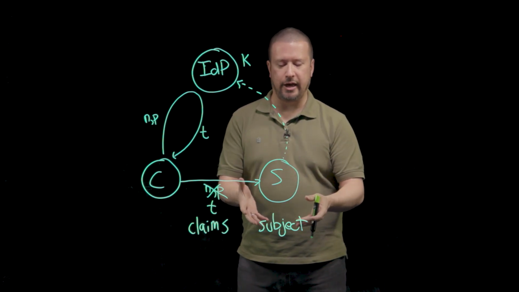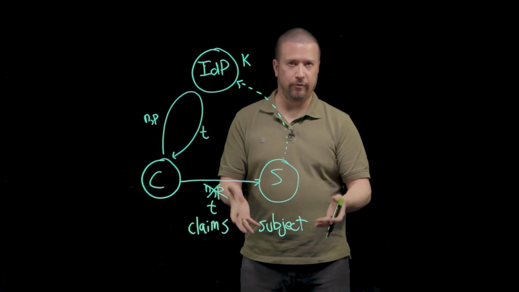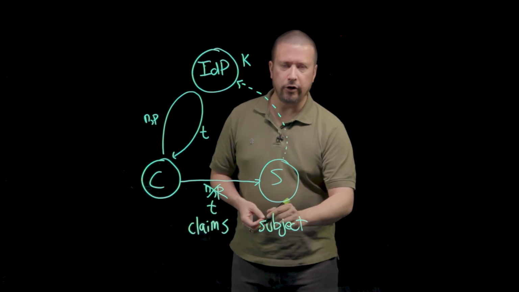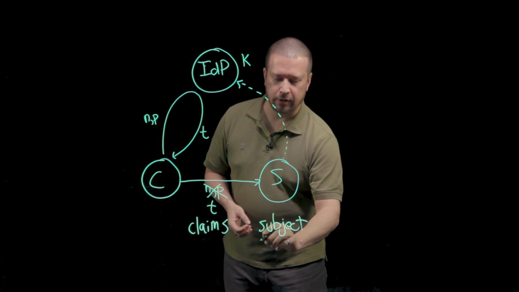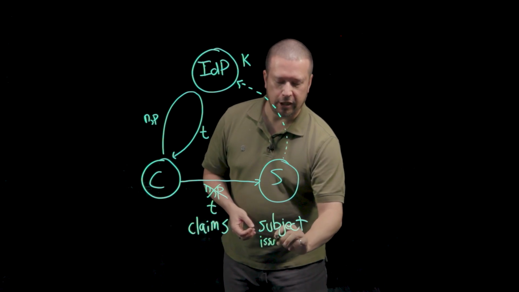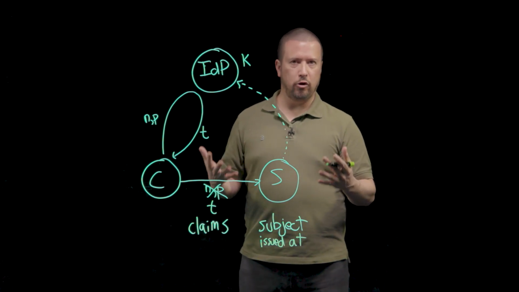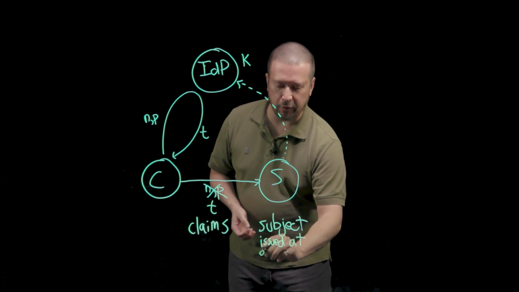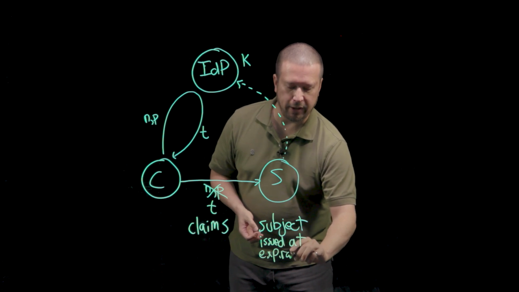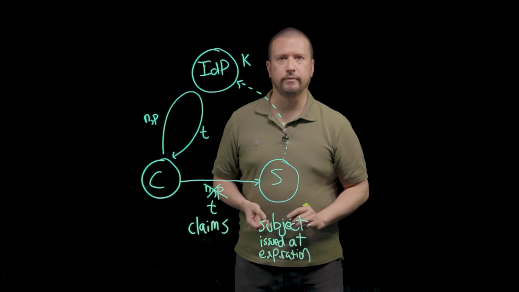So the subject is that rename safe variant that refers to me. Another claim that's really interesting, or set of claims, are things like the issued at claim, which talks about when the token was issued, or the expiration, which says when the token is no longer valid.